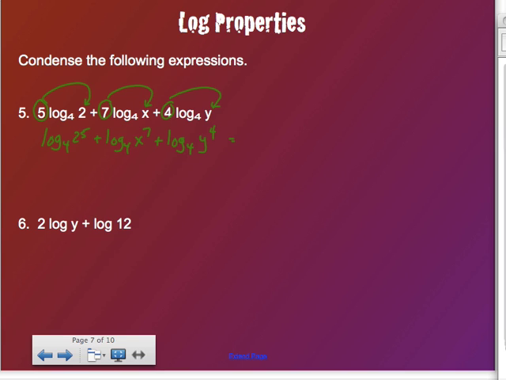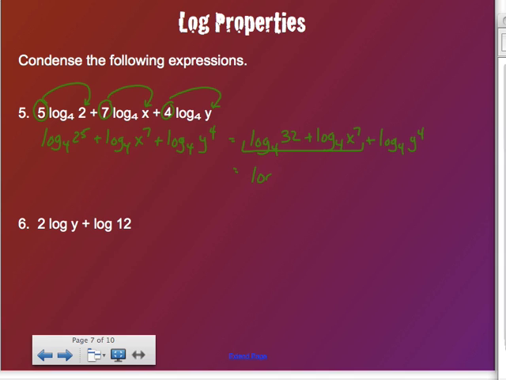Now, if I were to at least simplify that first log, I have log base 4 of 2 to the 5th, which is 32. So log base 4 of 32 plus log base 4 of x to the 7th plus log base 4 of y to the 4th. Now start simplifying. Now start putting stuff together. Okay, I'm going to take those 2 logs right there and put them back together.